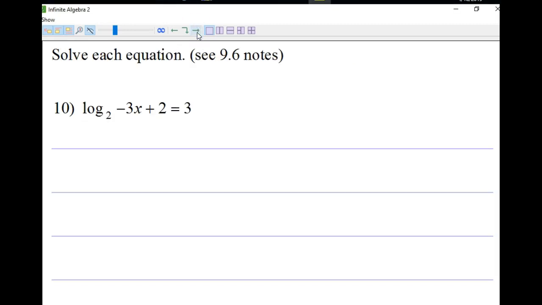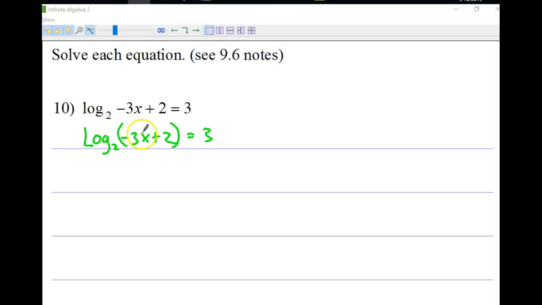All right, now we have a log function. We're going to be solving a log function. So I'm going to put parentheses around that real quick. The first thing that we want to do is get the log by itself. Now I want you guys also to be aware that this expression is different than this expression.